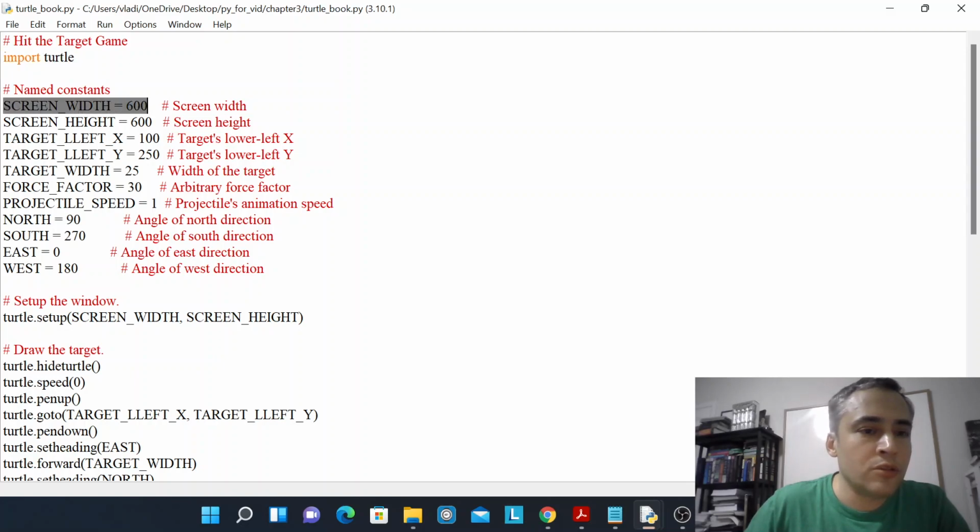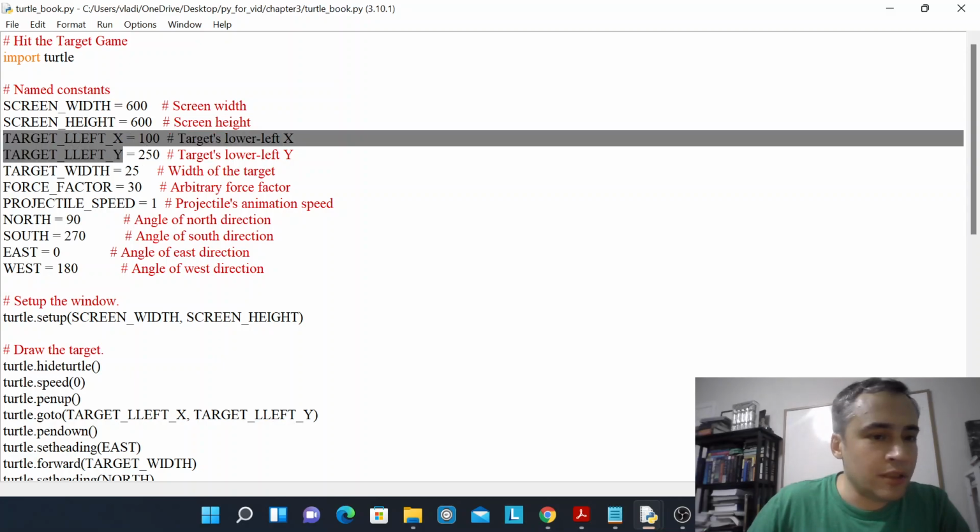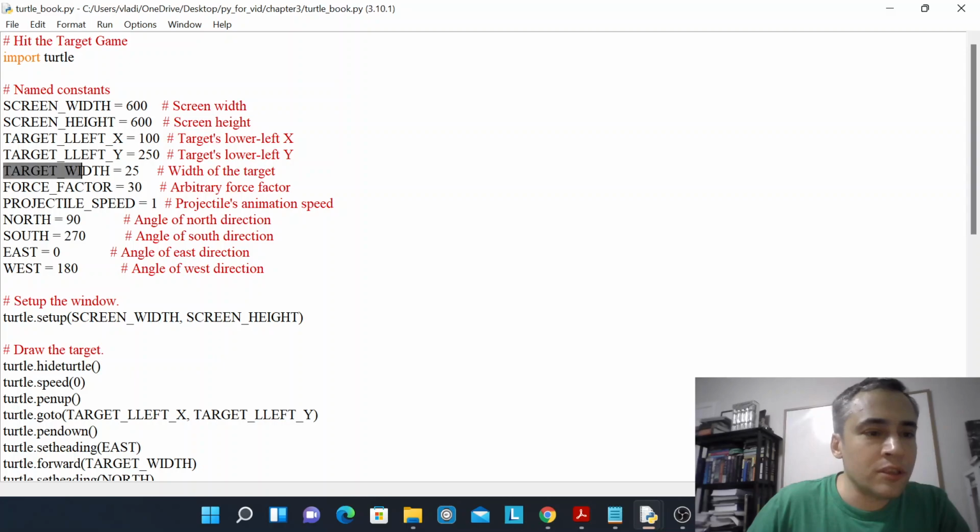We do screen width, that is like a coordinate system on screen, and we define where the target actually is by defining the left lower corner, and there is a target width, and there is something called a force vector, and we can look how it's used, and projectile speed, that is turtle speed, the smallest possible, and the angles.